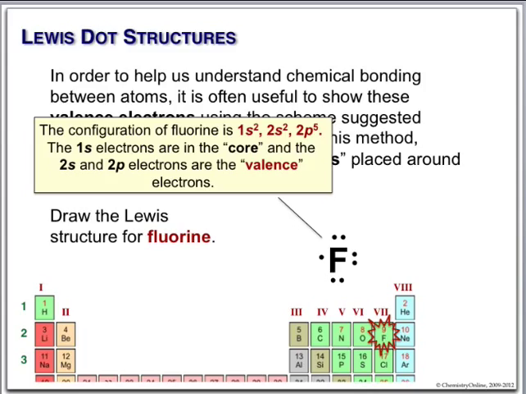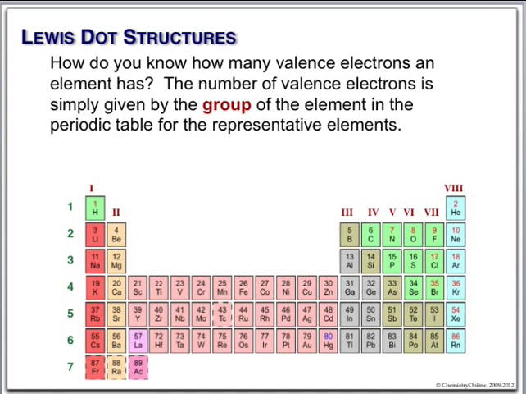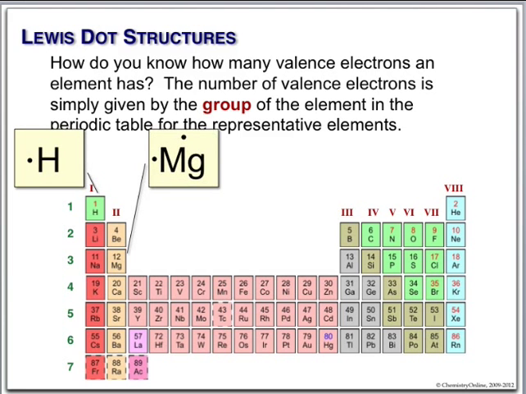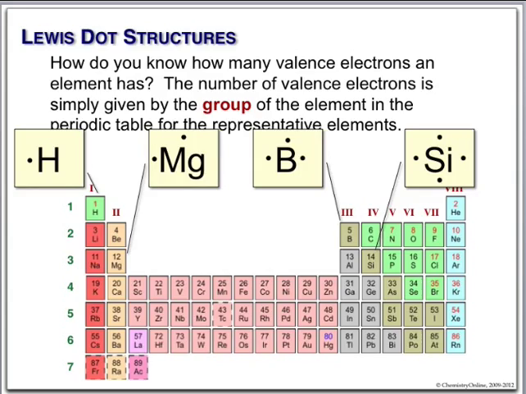Well, I hope you're sitting here saying to yourself, this is really simple, but how in the world do you know how many electrons there are in the valence shell? Well, remember I said groups 1 through 8 were so nice and neat? That's because the group number matches the number of valence electrons.